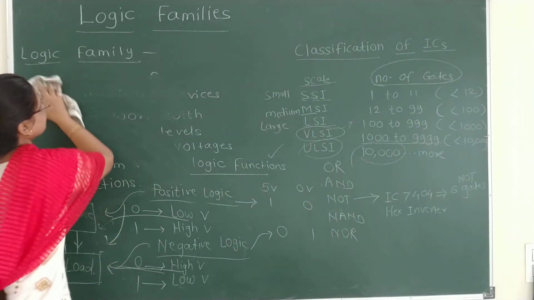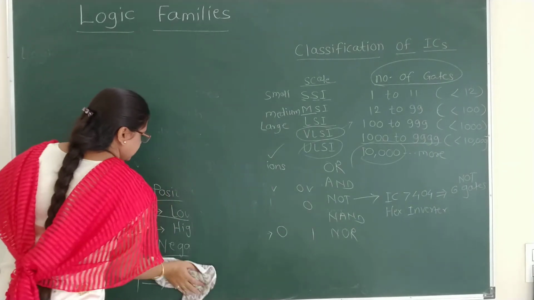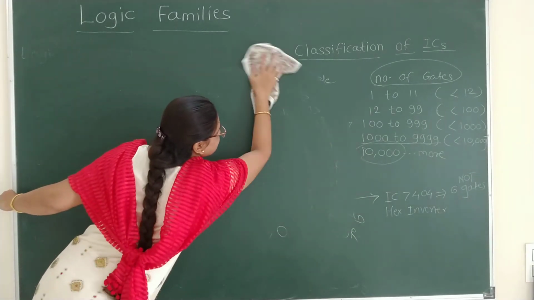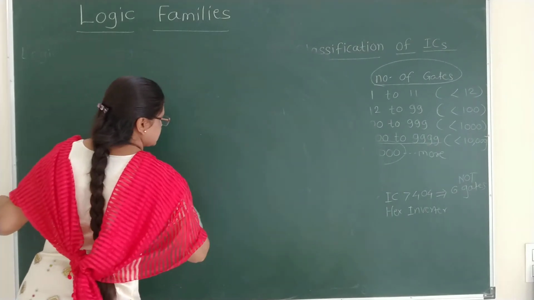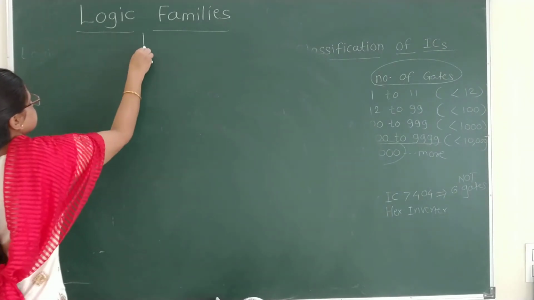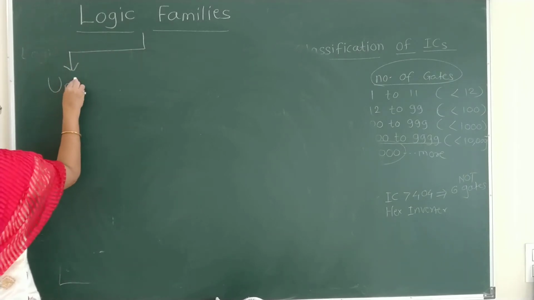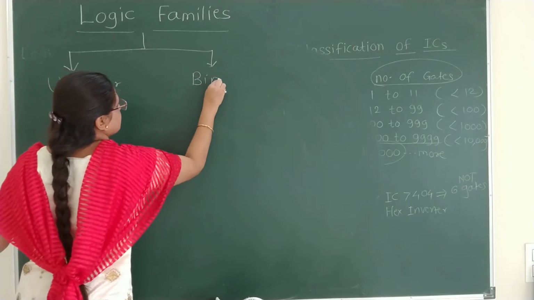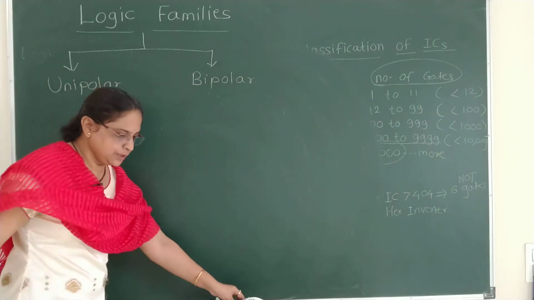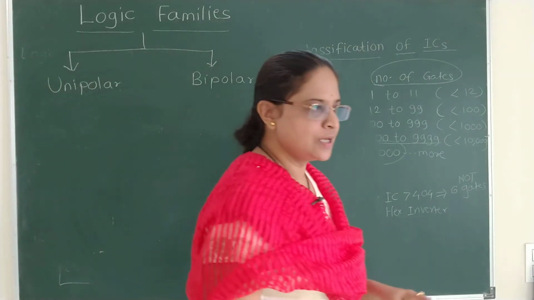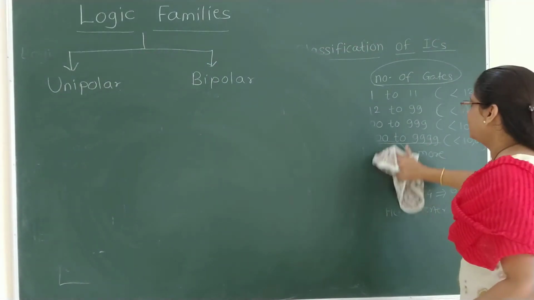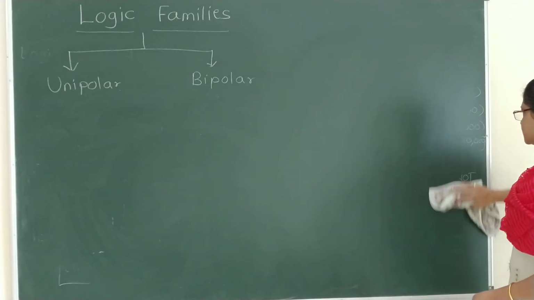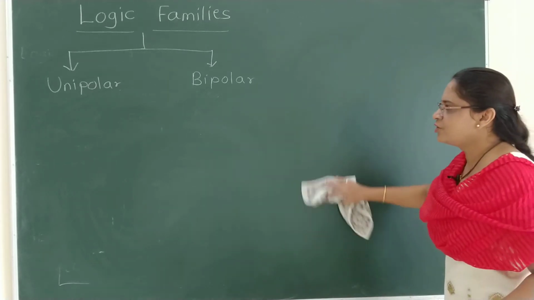So what are the different logic families available? Basically, there are two types of logic families. First one is unipolar and the second one is bipolar logic family. As we know, unipolar transistor, bipolar transistor: in case of bipolar, both types of charge carriers, holes and free electrons, participate for current conduction.